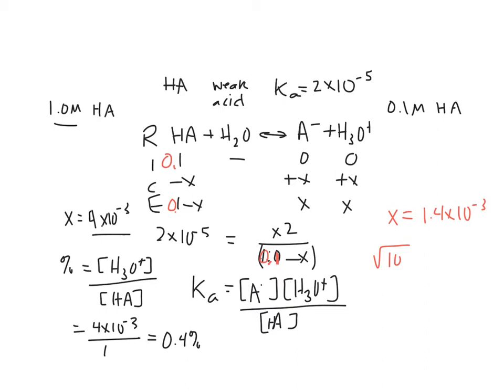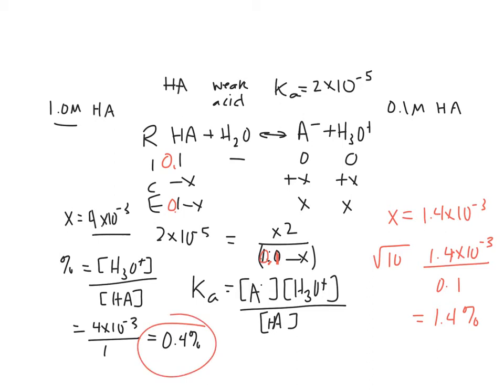However, remember, we're comparing that 1.4 times 10 to the negative third to its original concentration, which before was 1. But now my concentration is 0.1. So now when we divide, we actually end up getting 1.4%.